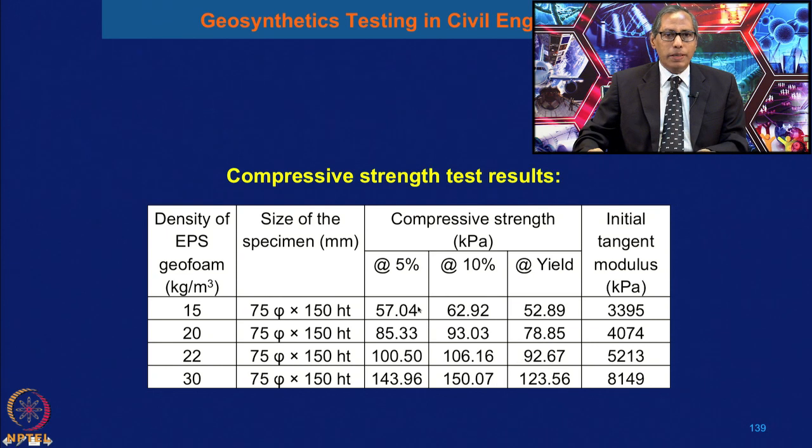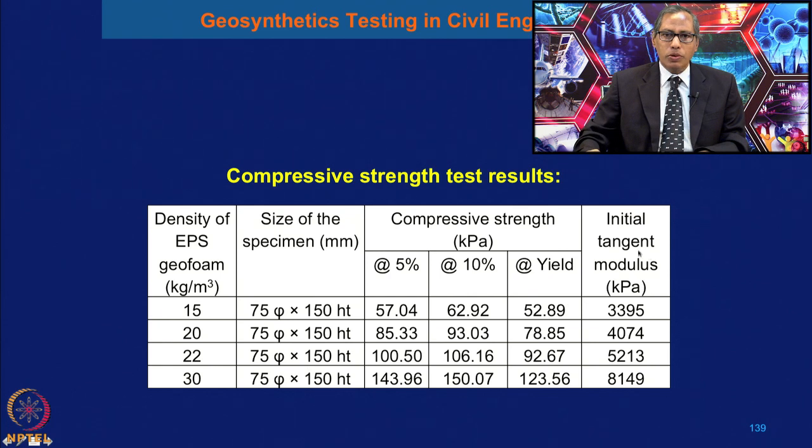So, you can determine the compressive strength at 1% strain also. You can determine the yield value 52.89 for a density of 15 kg per meter cube, 78.85 for a density of 20 kg per meter cube, yield value 92.67 for a density of 22 kg per meter cube, and 123.56 yield value for a density of 30 kg per meter cube.